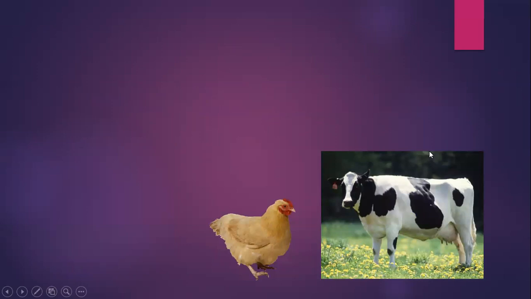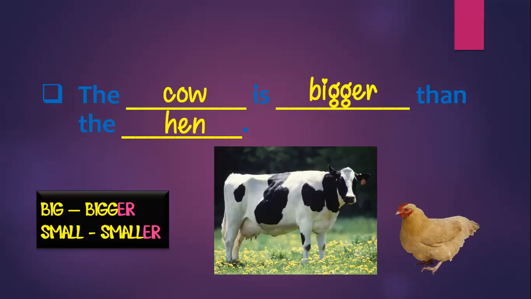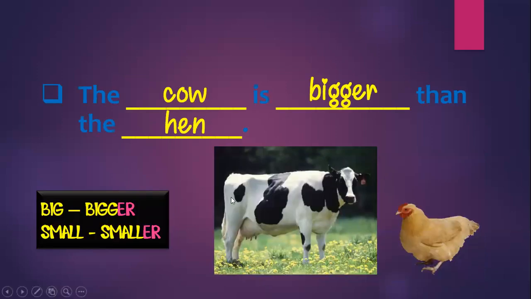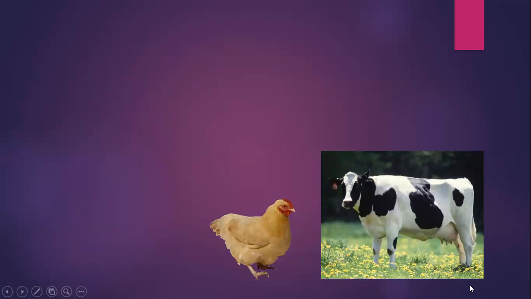So another example. Now, in this case, look, are the same animals. Look here, the cow and the hen. And here, the hen and the cow. The only thing that changed in this part is the order. As you can see here, we start with a cow and then we continue with a hen. But in this case, we are going to start with a hen.